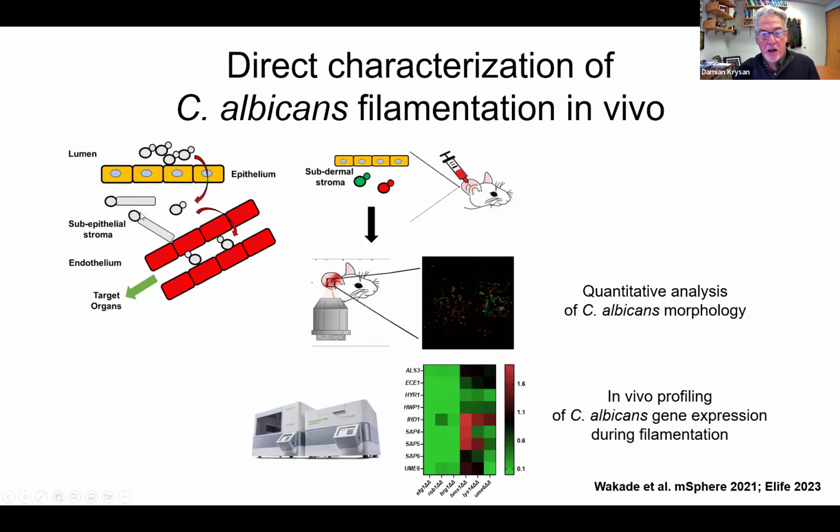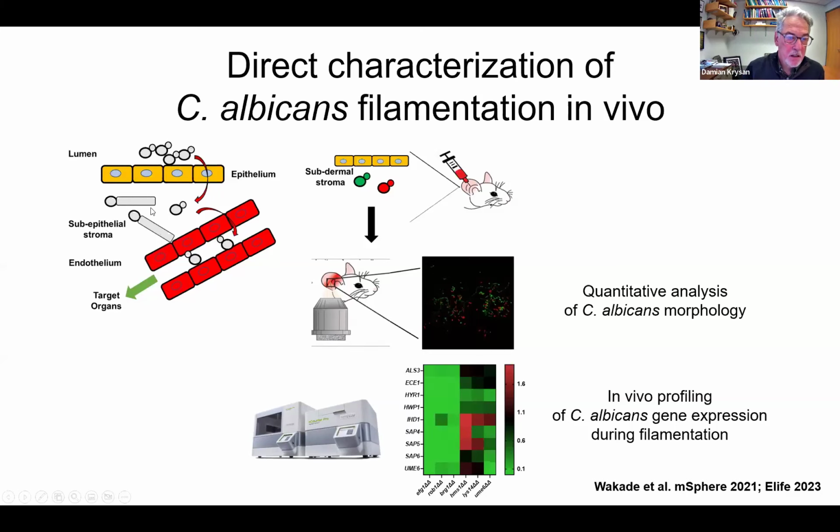And that is exactly where we are observing this morphological transition when we use our model. In disease states such as oropharyngeal candidiasis, this is where it stops. And the disease is really driven by the hyphal formation within this stroma beneath the epithelium.